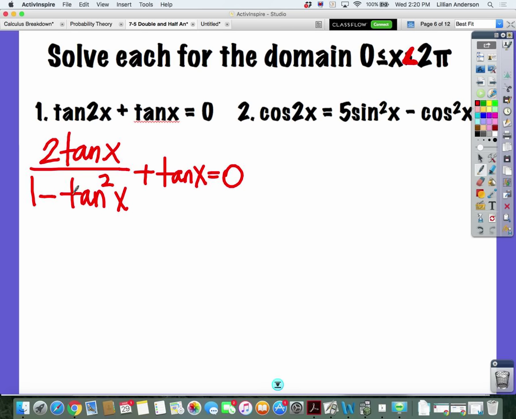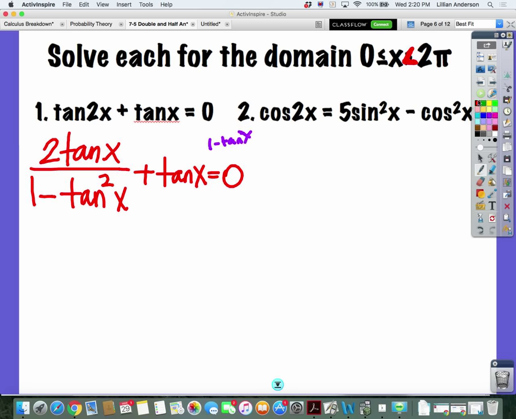Now it's a matter of solving this equation. How would I solve this? Say again? I can get a common denominator of 1 minus tangent squared x. So that means I have to multiply this term by 1 minus tangent squared x.